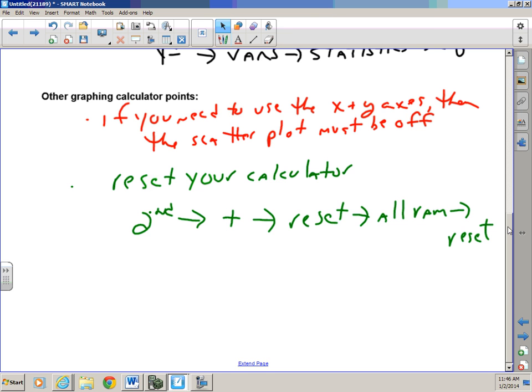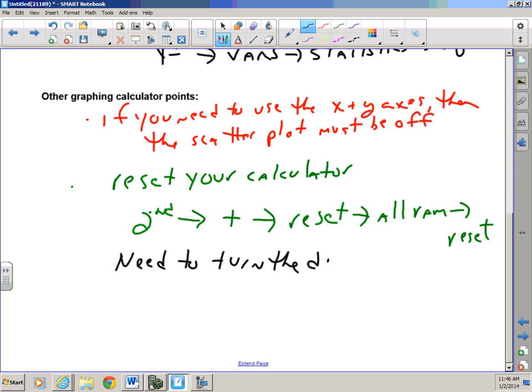Okay? The one thing you need to keep in mind is you need to turn the diagnostics on again. Because by default, it goes to diagnostics off. Don't ask me why, but that's the reason.